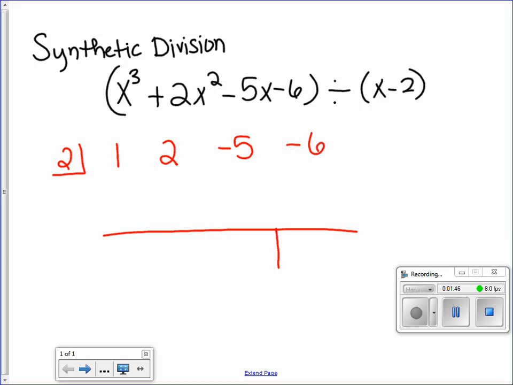Okay, and then what do we do? From the 1 down, we multiply 2 times 1. No, you don't subtract. You add. 2 times 4. You add these.